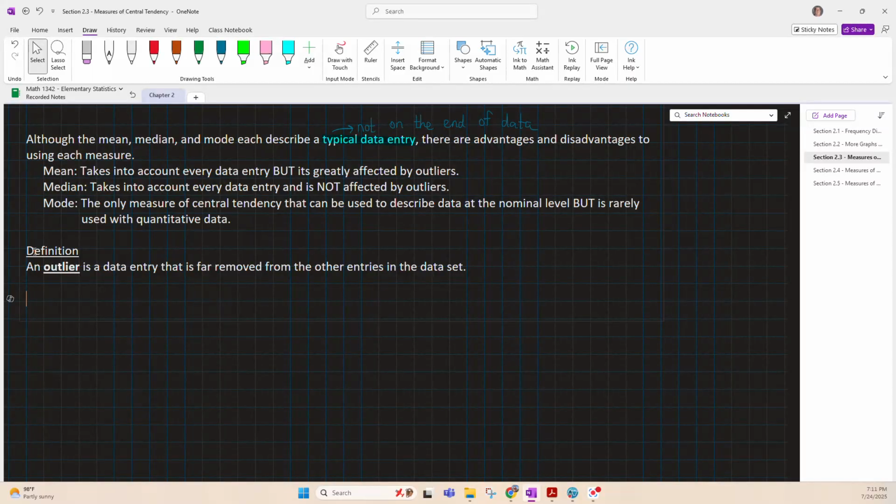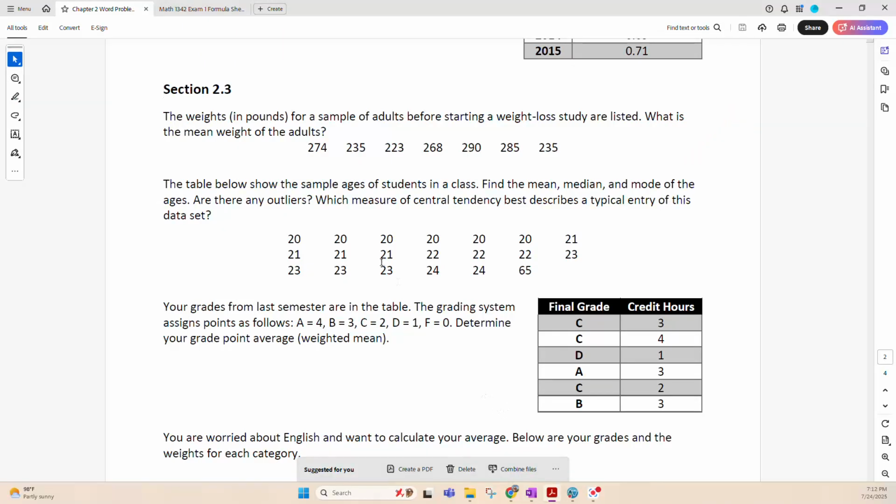Now, we're going to put everything together that we've covered so far in this section with this one example.